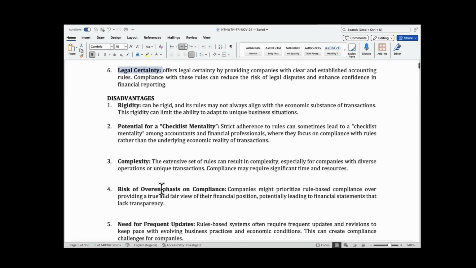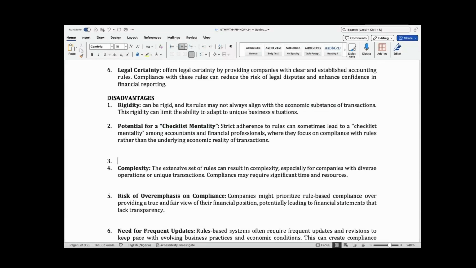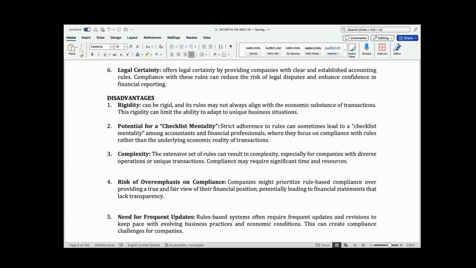And the disadvantages are, one, it is rigid and not adaptable, right? You might find out that you are not reporting your economic substance or your core transactions just because you want to comply with a rule. Another one is that you now have a checklist mentality, rather than focusing on the underlying transactions and the underlying economic reality. You are more focused on following step 1, step 2, step 3.